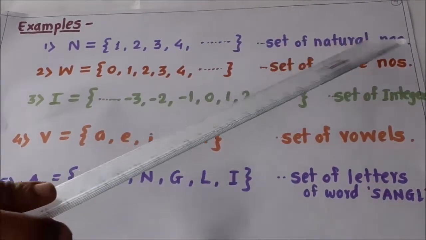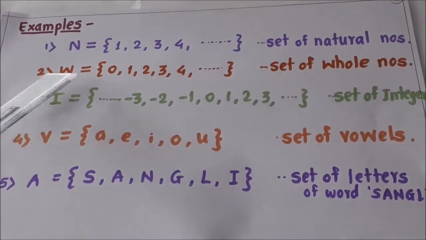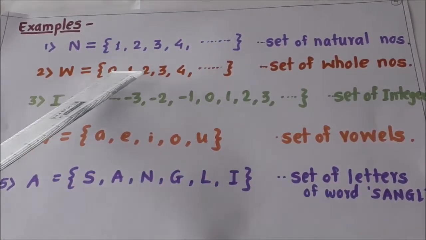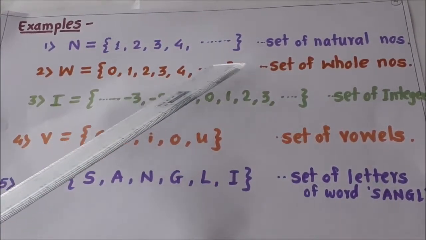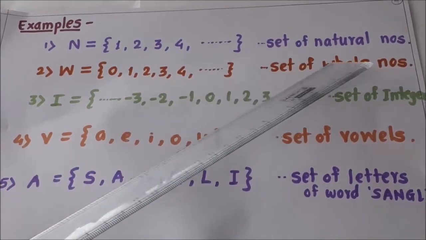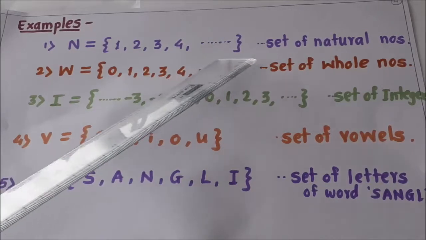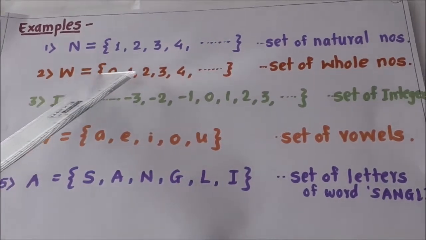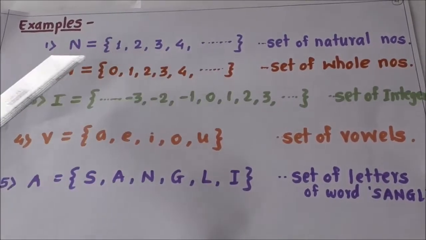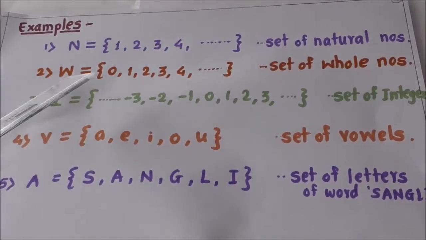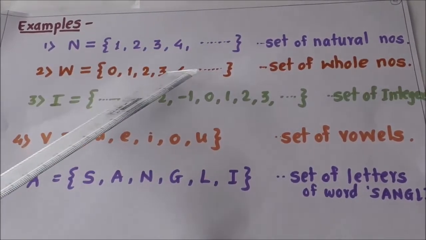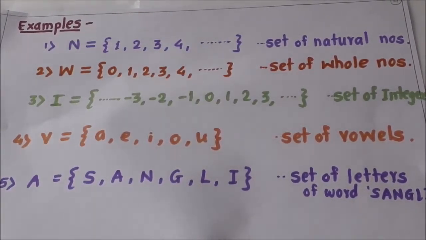This is the set of natural numbers. Second one, W equals 0, 1, 2, 3, 4 and so on. It is the set of whole numbers. Here the numbers are unlimited and we use curly brackets to show the elements. W is the name of the set and 0, 1, 2, 3 are the elements.